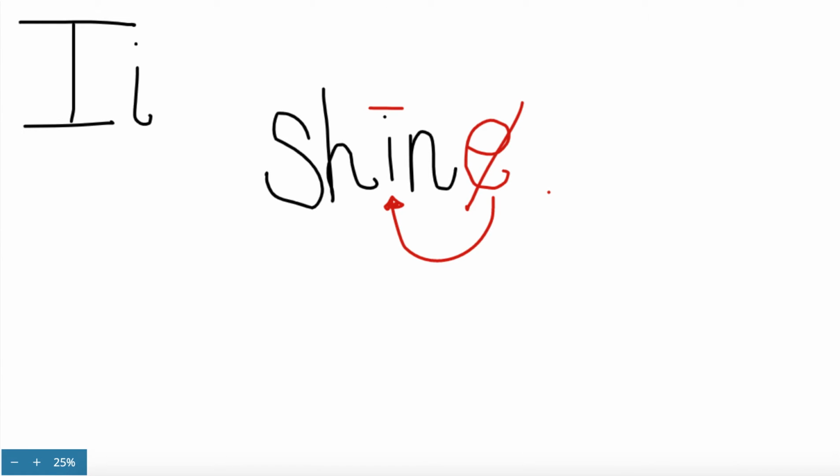Now let's see what happens with our next vowel, which is O. So here, let's write our vowel O, upper and lower case. This one is really easy because it's the same in upper and lower case.